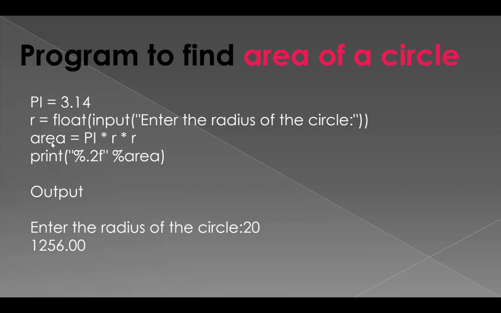Now in the variable area, I am writing pi into r into r. And now print percent 0.2f percent area. So 0.2f because I want two digits after the decimal, and percent f is the format specifier. Okay, so it will display the value of area here. So if I enter the radius 20, it will show 1256.00, right?